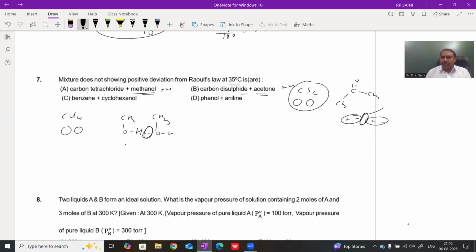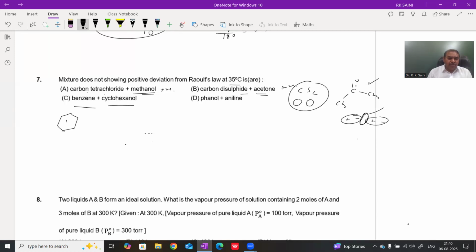No effective dipole attraction in this solution like in pure form of acetone. And when attraction forces become weaker in comparison to the pure form of the components, then the solution shows positive deviation. And hence the second solution also shows positive deviation. In example third, benzene and cyclohexane. Benzene is also non-polar.